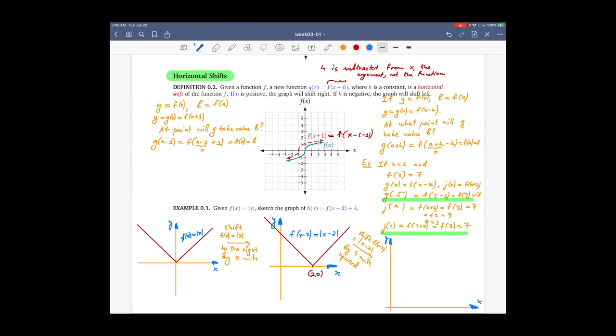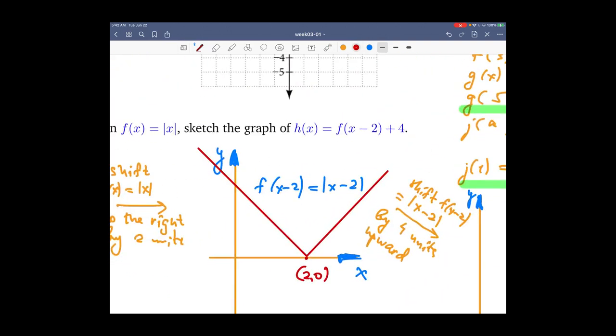The special point now will not be at 2, 0. It will be at 2, 4 once we shift upward by 4. By the way, this y-intercept is of course 0, 2.